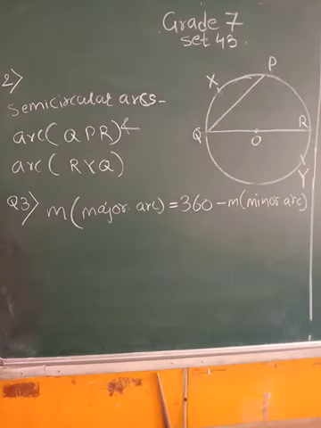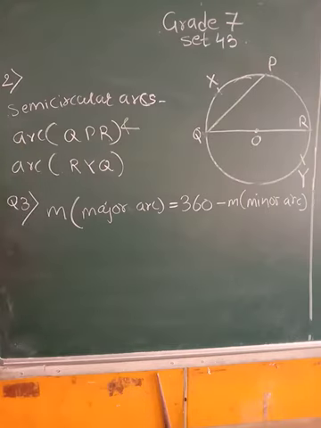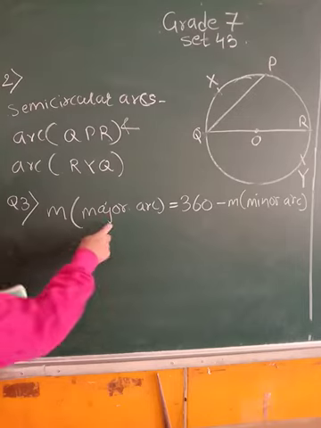Are you understanding this? Now what they have said in the third question: measure of the minor arc is 110. So 110 is the minor arc they have given, and you have to find the measure of the major arc.